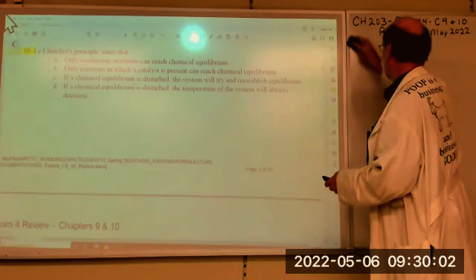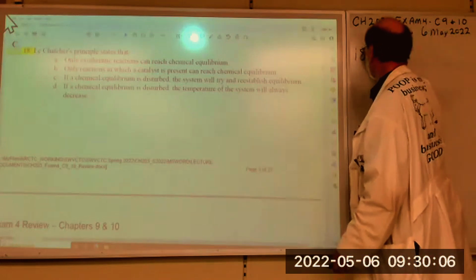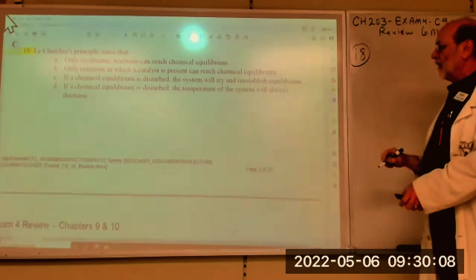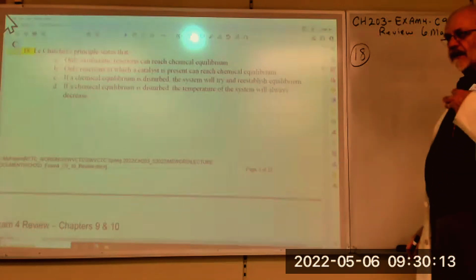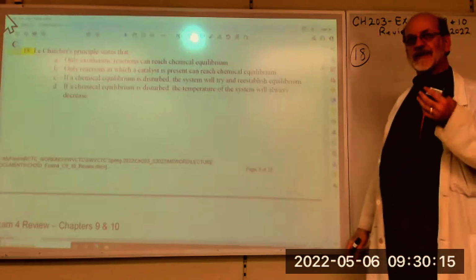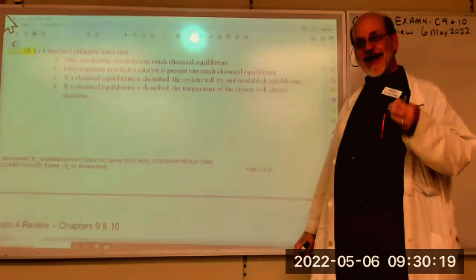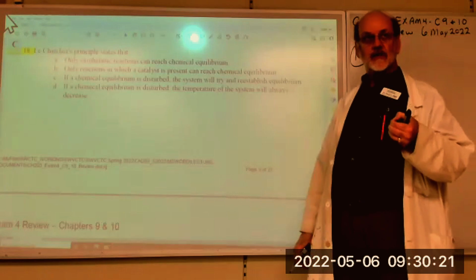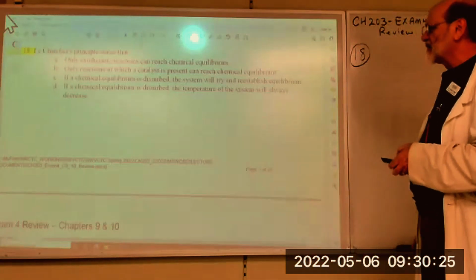Le Chatelier. What does Le Chatelier's principle state? It states that for a system at equilibrium, if it is disturbed, the system will react in such a way as to mitigate the disturbance. Now, do we have anything in here that matches that?